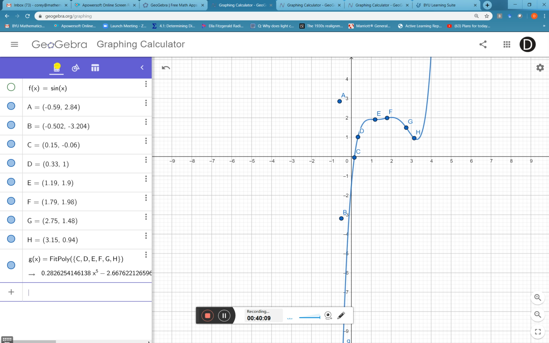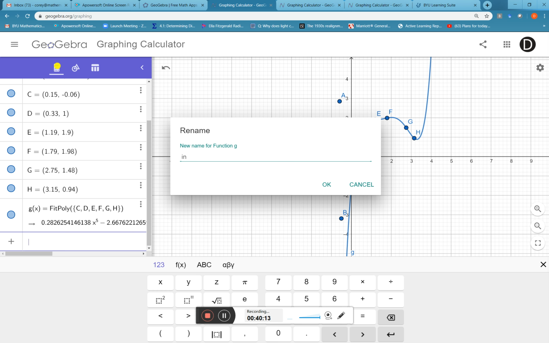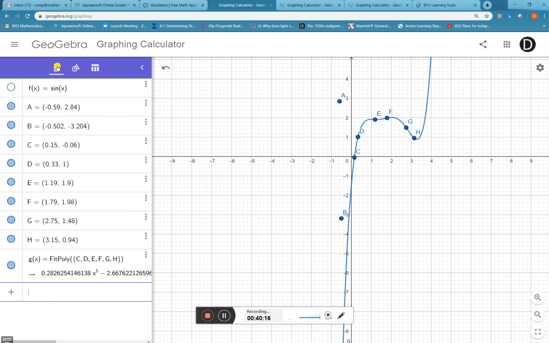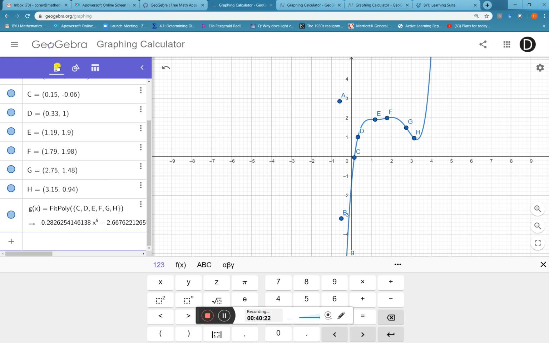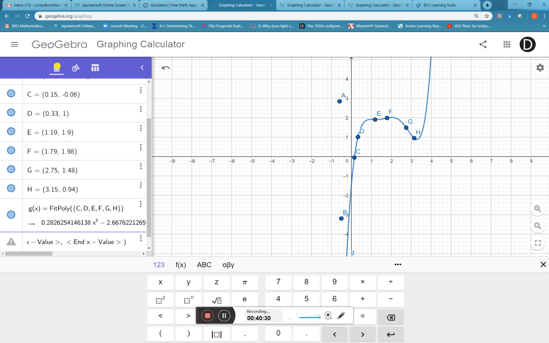But we can let it do the... I don't know what happened. My picture disappeared, but luckily we still have our polynomial. So let's actually have it do the integral for us.